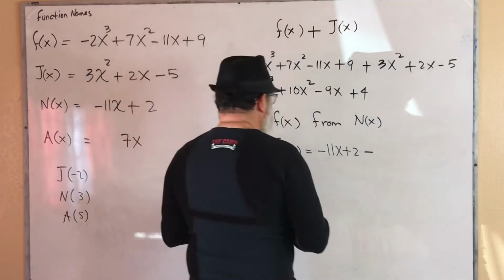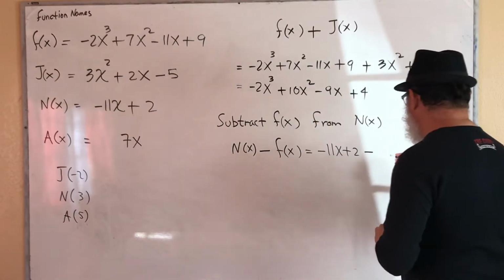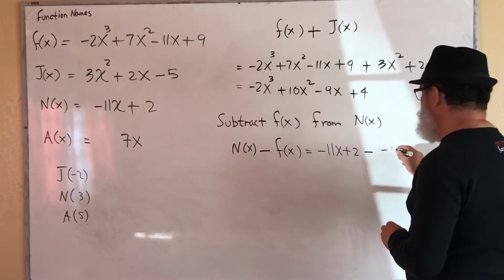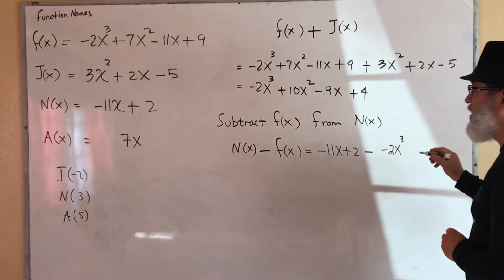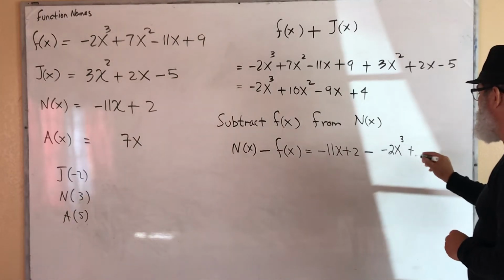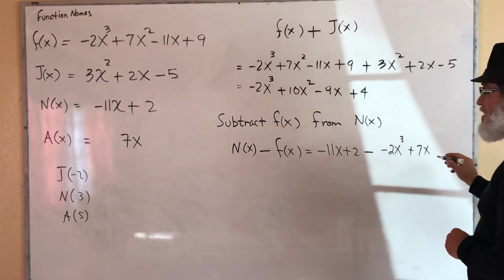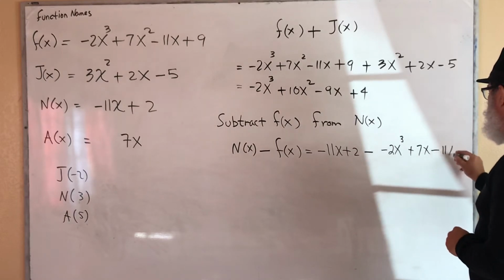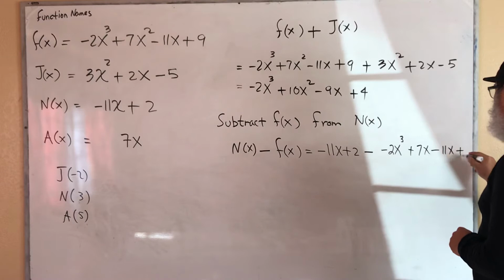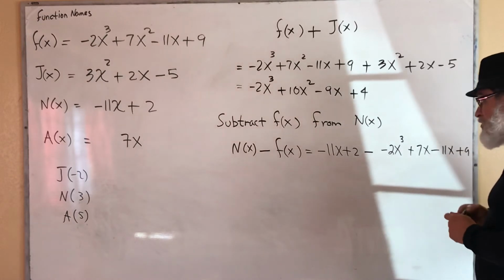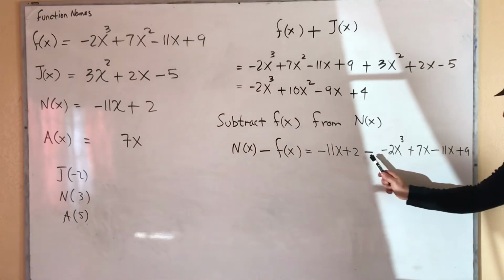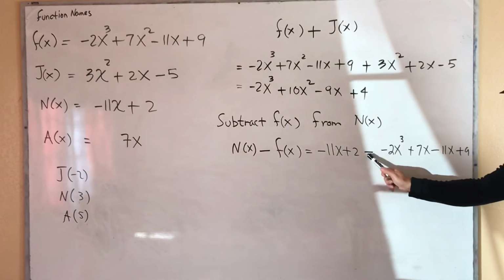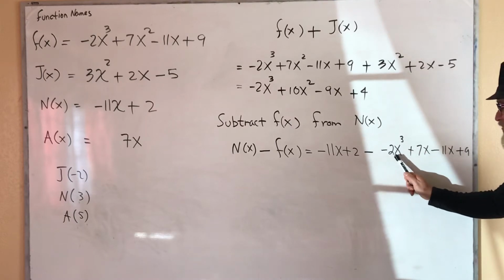Let me write Frank. Here's Frank. Minus 2x cubed plus 7x squared minus 11x plus 9. Note, this is wrong, because right now you are only subtracting part of Frank.